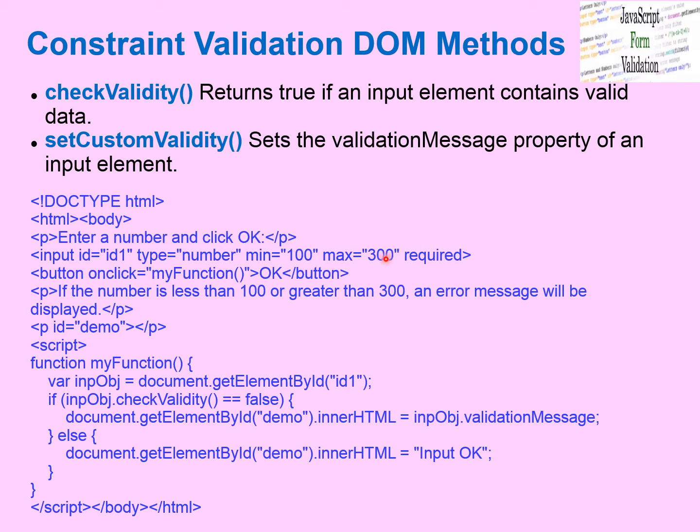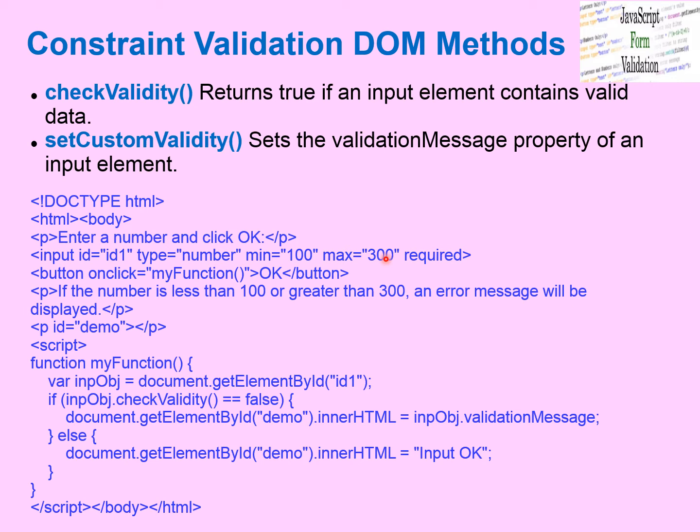Input type number produces a look similar to a text box, but we can only enter numbers in that text box, and it can accept only numbers within the range 100 to 300, and it is a required field.